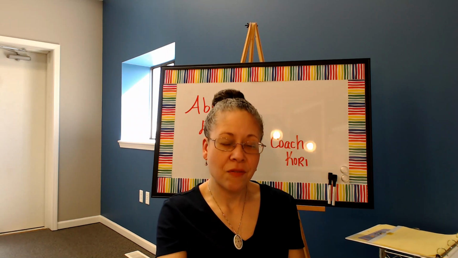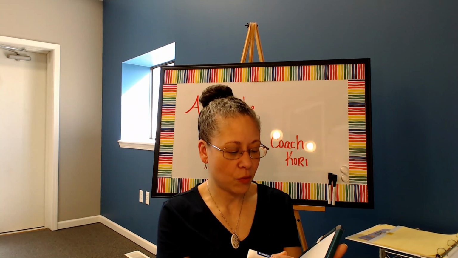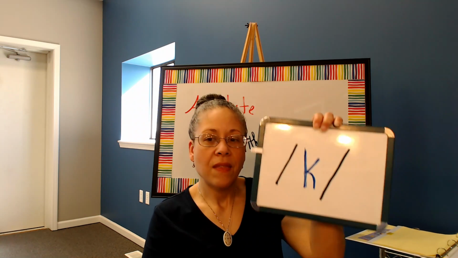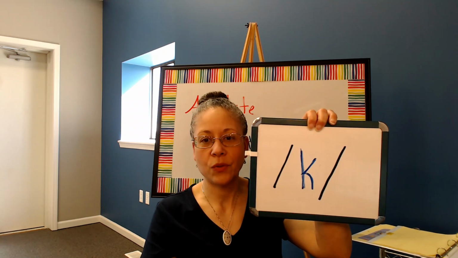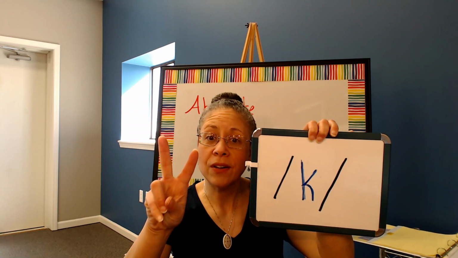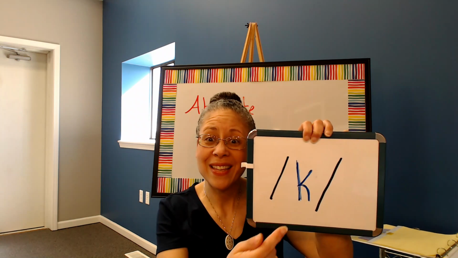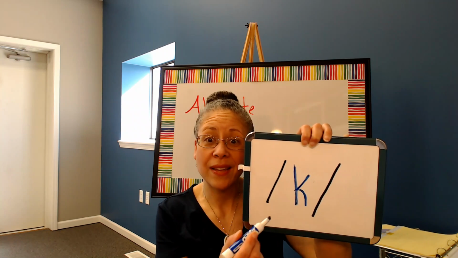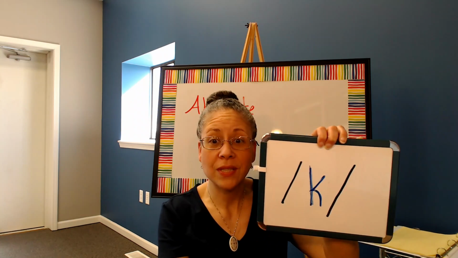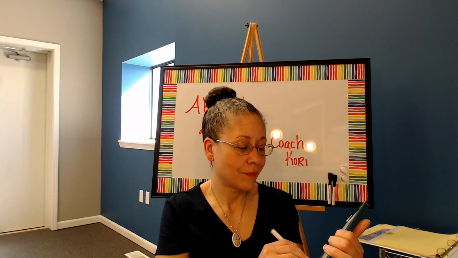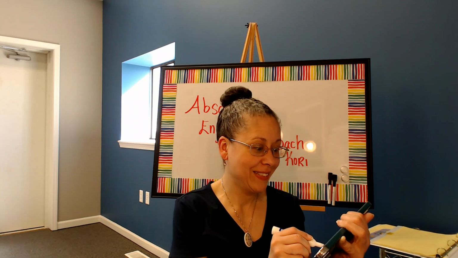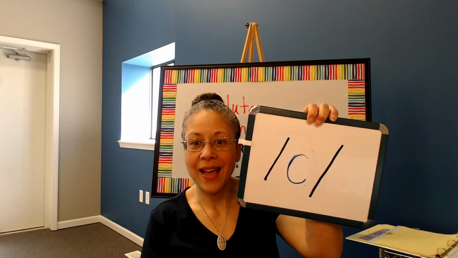Then we have the K sound. The K sound. And we have two letters in English that make this sound, and one of them doesn't look like this. One of them looks like, wait for it, that.